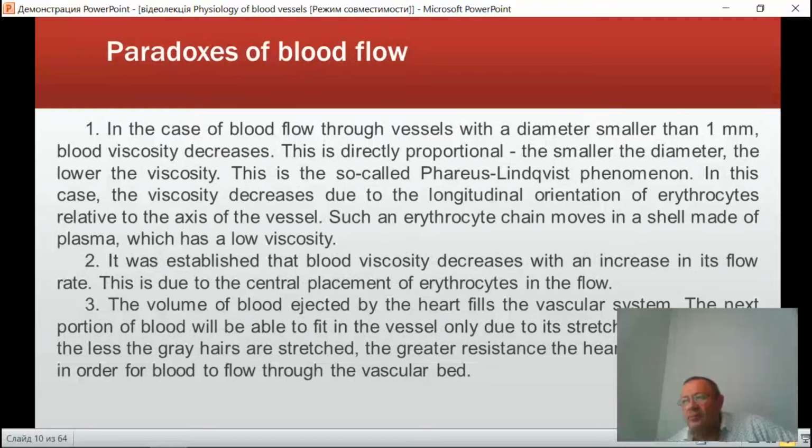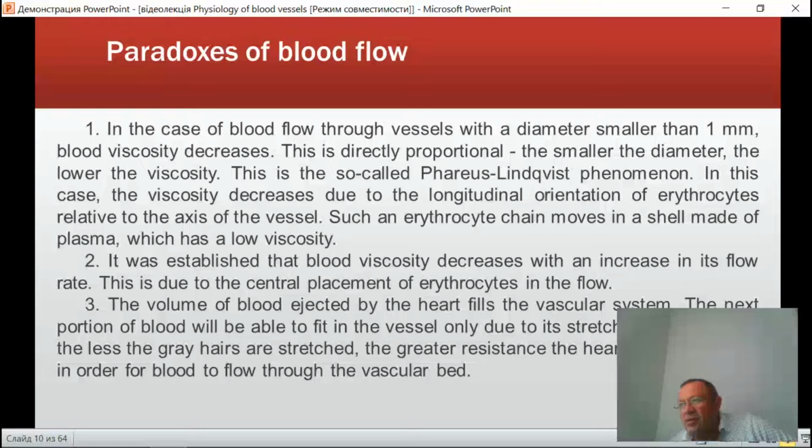Paradoxes of blood flow. In the case of blood flow through vessels with a diameter smaller than 1 mm, blood viscosity decreases. This is directly proportional: the smaller the diameter, the lower the viscosity.